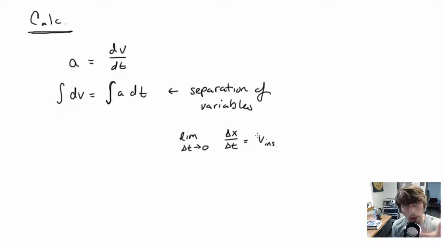Why were we doing that? So that we have the most accurate picture of the motion of the object. If we can get our strobe flashing really, really fast, then we see where our object is at every single point in time, and that gives us a better idea of what the motion actually is. So this is a limit as delta t goes to 0.